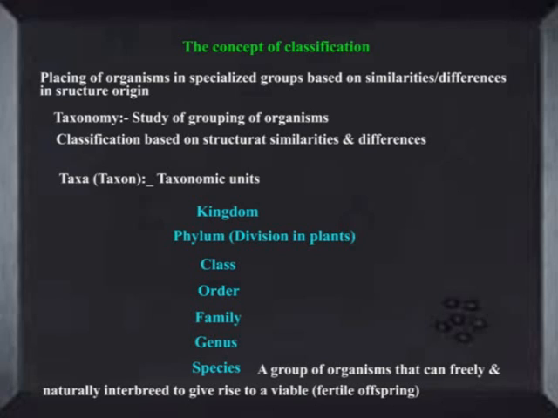But in certain cases, members of different species may interbreed and give rise to an offspring. However, the offspring is sterile. A horse and a donkey are such examples, where they interbreed to give rise to a mule, but the mule is a sterile animal. On the other hand, all human beings are Homo sapiens and belong to the same species, that is, sapiens.